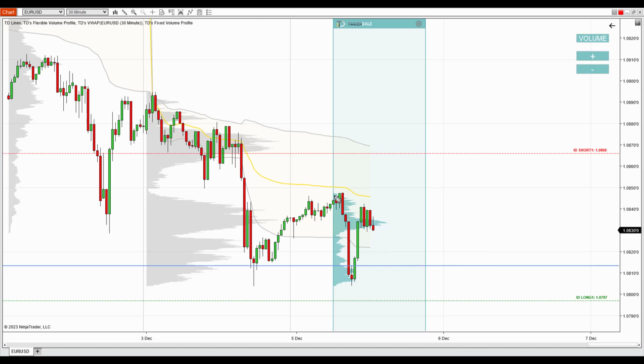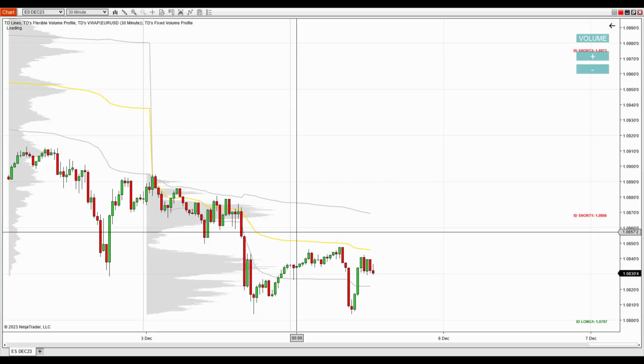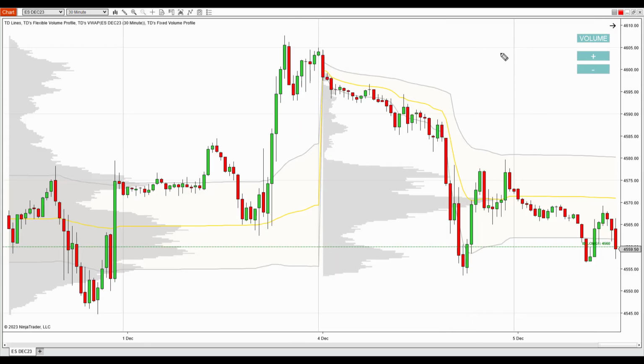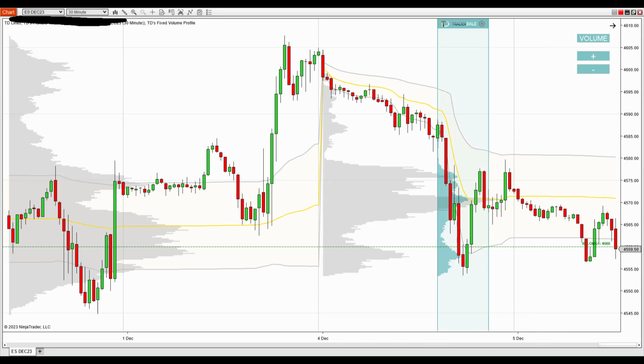Now, regarding this rejection setup, let me show you something on the ES. It was a trade which I took earlier today. So this is the ES, futures for the Standard & Poor's 500 index, 30-minute chart. Yesterday in the members area, what I published was a long level, this long level, based on the rejection setup.